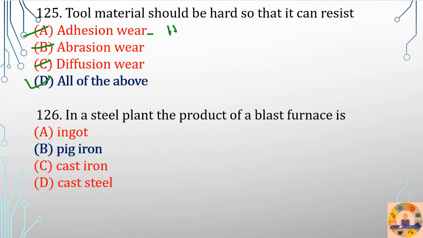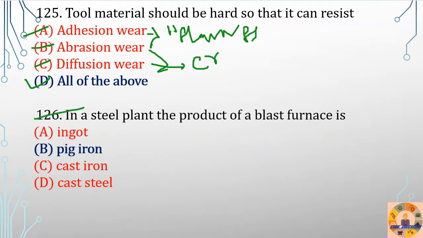A local welding formed is called adhesion. And diffusion is atoms in a metallic crystal moving from one place to another, from a lower concentration zone to a higher concentration zone. And due to abrasion and adhesion, flank wear is formed, and abrasion and diffusion, crater wear. Flank wear and crater wear formed.